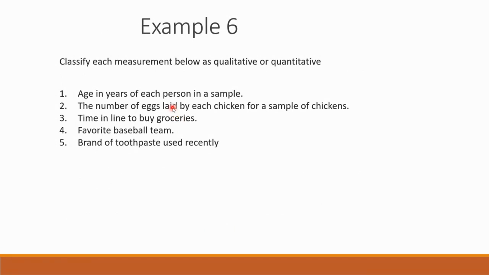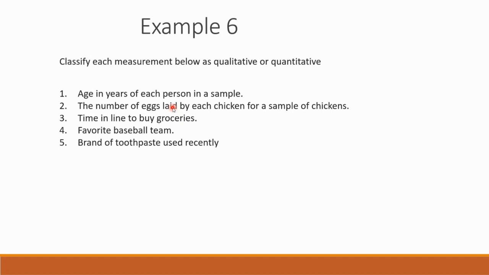So the age in years of each person in a sample, that's quantitative, right? It does make sense to do calculations on age. It's some kind of amount, how old they are, how long they've been living since they were born. That is something you could do calculations with. So that's quantitative.